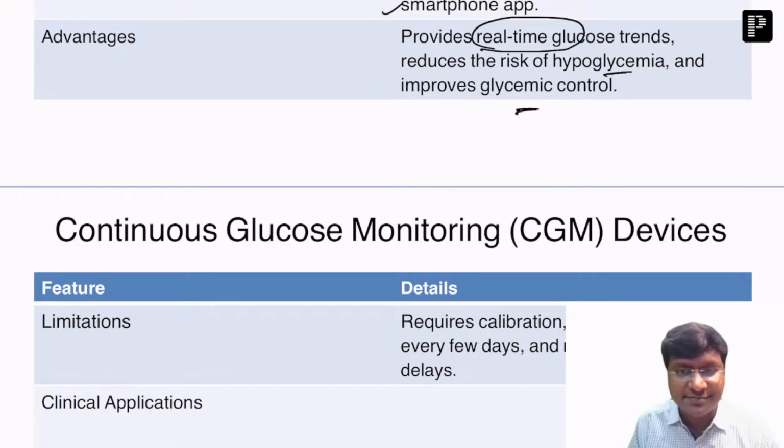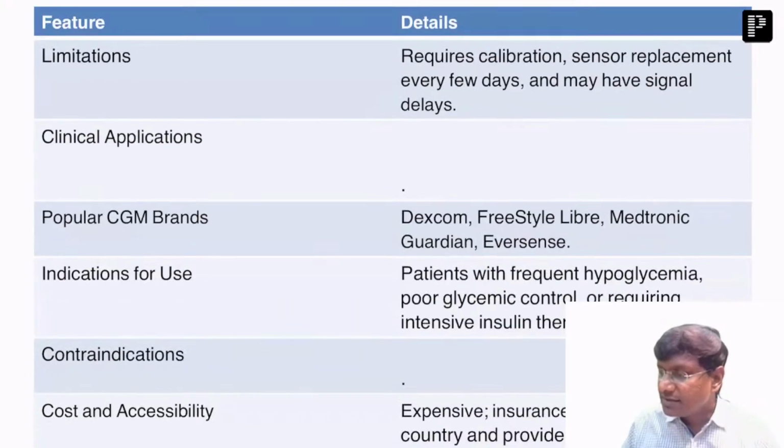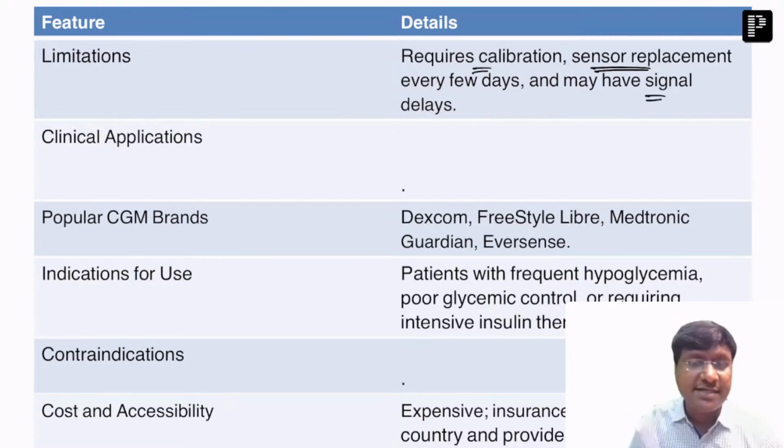These CGMs require calibration. Next, sensor replacement has to be done every few days, and sometimes there may be signal delays also. These are the limitations of continuous glucose monitoring.